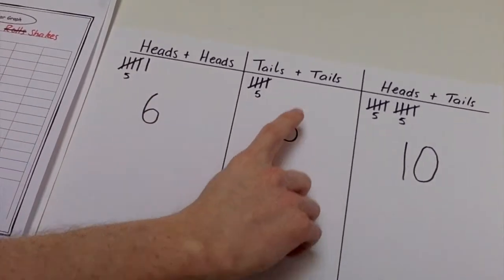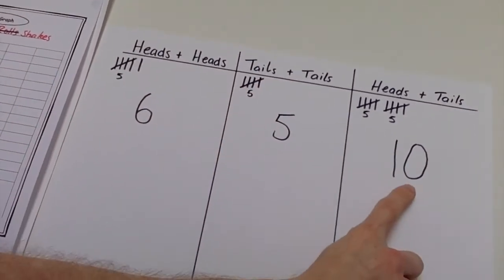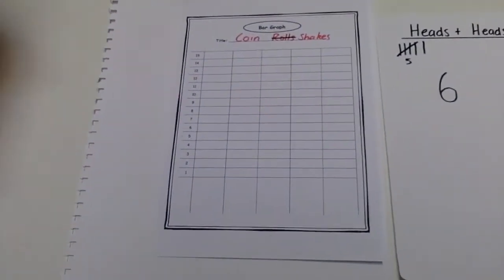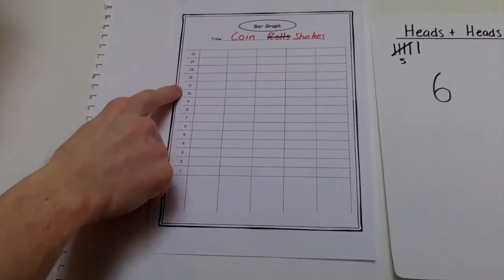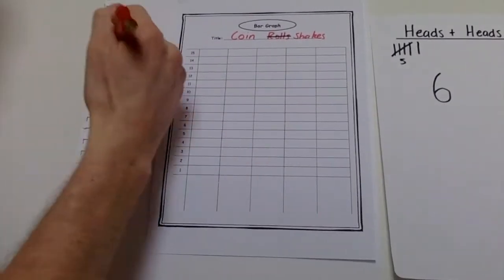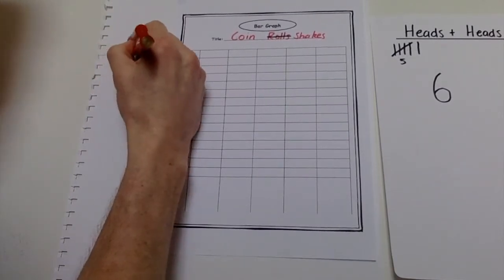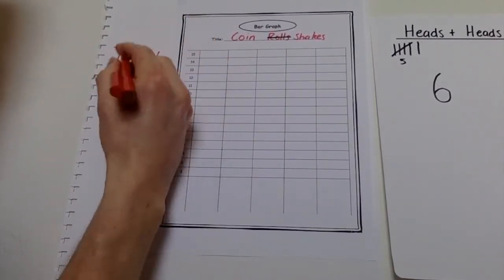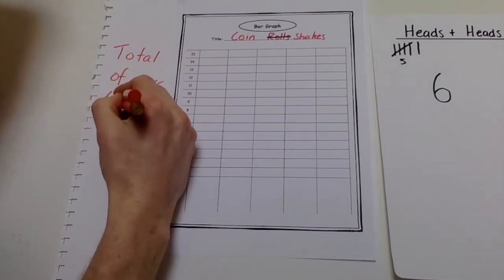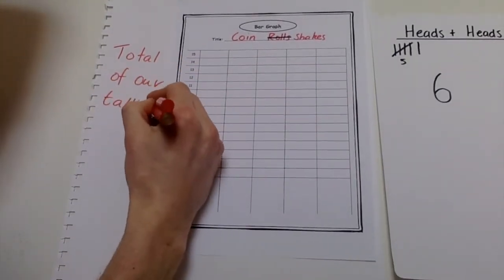We had a total of 5 tails and tails, and a total of 10 heads and tails, okay? So these numbers down here are a total of our tallies. That's what these numbers represent.